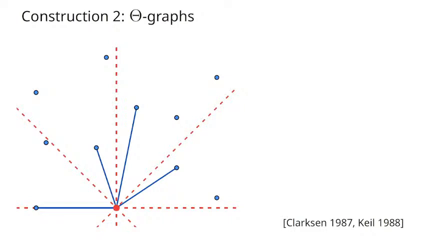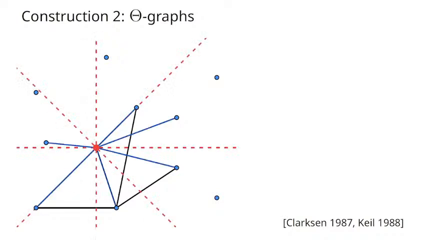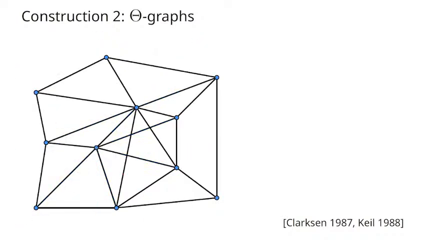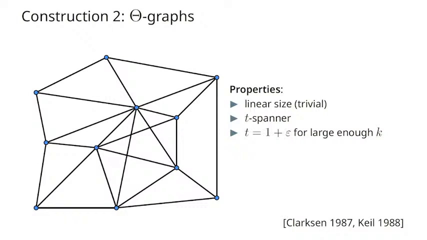If it is some kind of projected distance, it is a theta graph. If you do this for every point in your point set, you get the theta graph. The nice thing about this graph is that obviously it has linear size, it's not difficult to show that it's a t-spanner, and if you use enough cones, you get a 1 plus epsilon spanner.